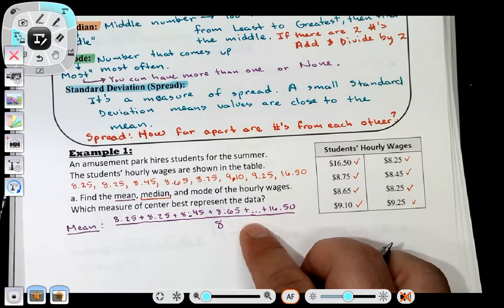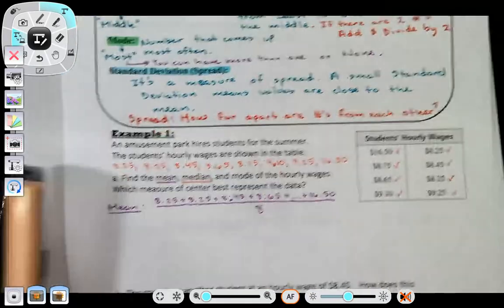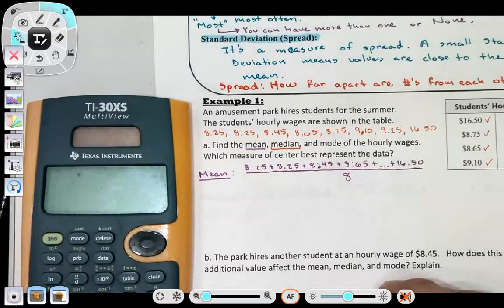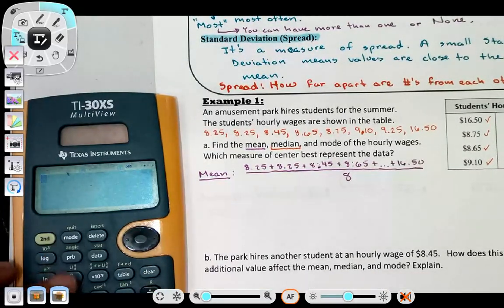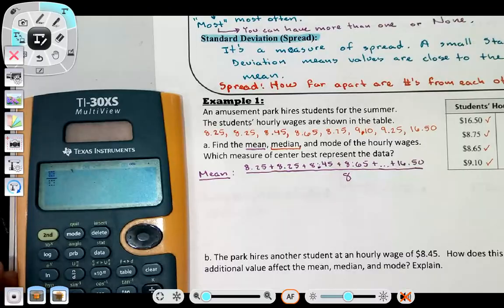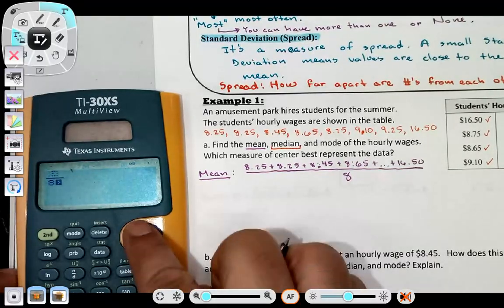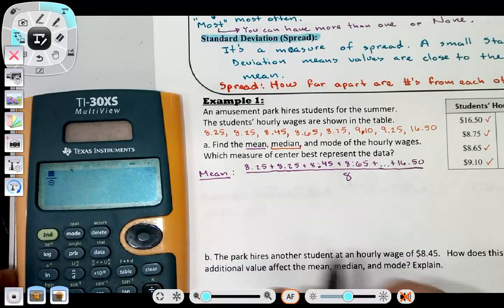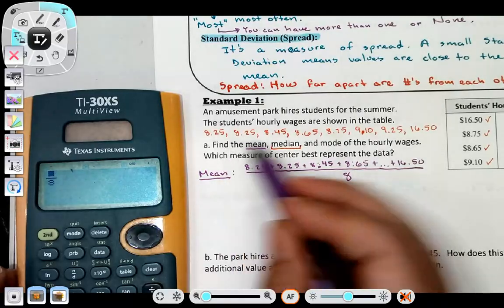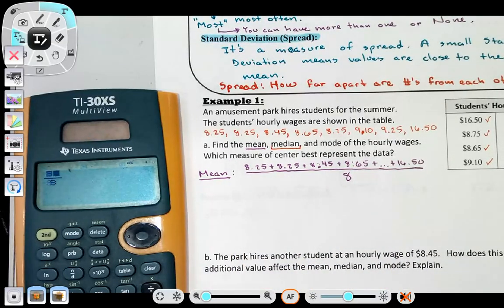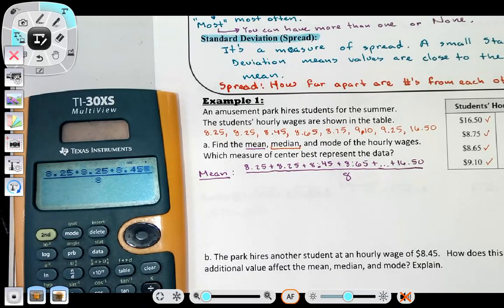You need to type them all in. So let's get the calculator ready here. Remember, press that fraction button, make it easier. I already know the bottom number is 8. That's the easy one. All right, but you have to be very careful that you don't mess up on one of these decimals. So 8.25 plus 8.25 plus 8.45 plus, what was the next one?